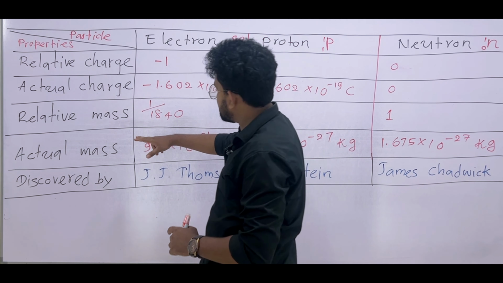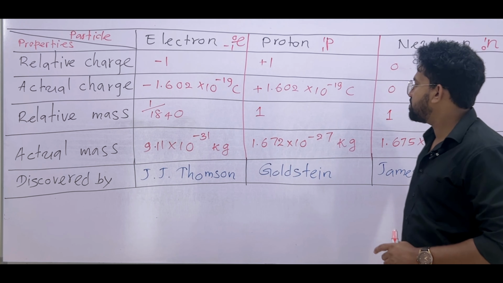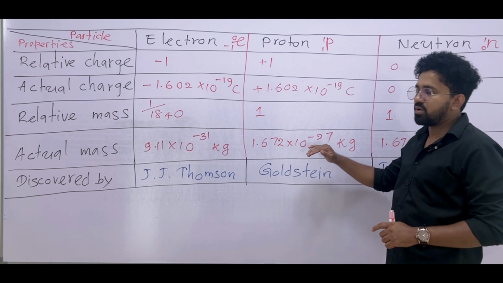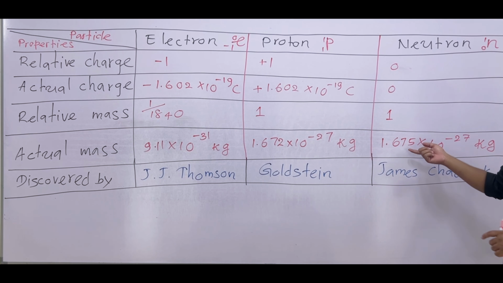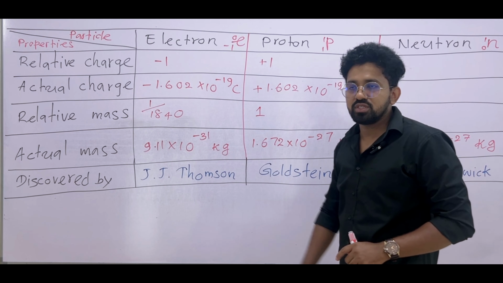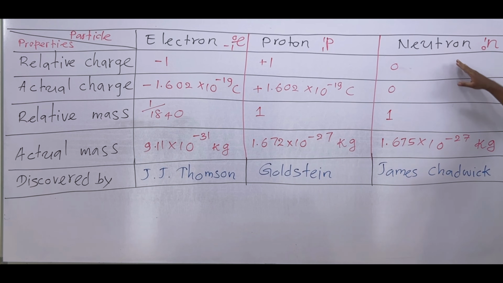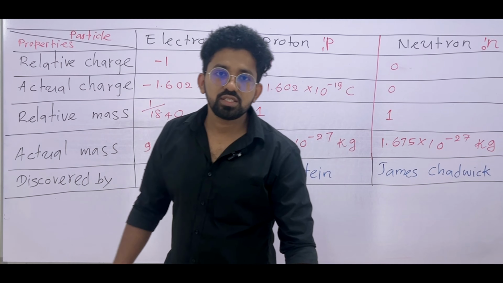The actual mass of the electron is 9.11 × 10^-31 kilogram, the proton is 1.672 × 10^-27 kilogram, and the neutron is a little bit higher, 1.675 × 10^-27 kilogram. The electron was discovered by J.J. Thomson, the proton by Eugene Goldstein, and the neutron by James Chadwick. So that is the summary of the subatomic particles.